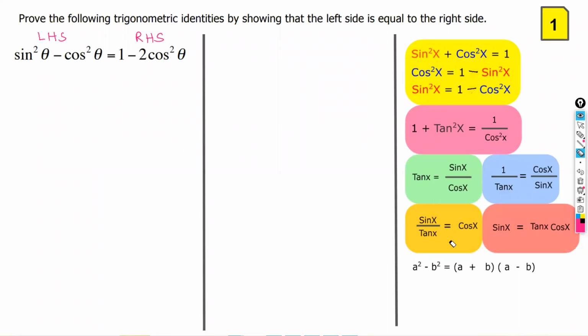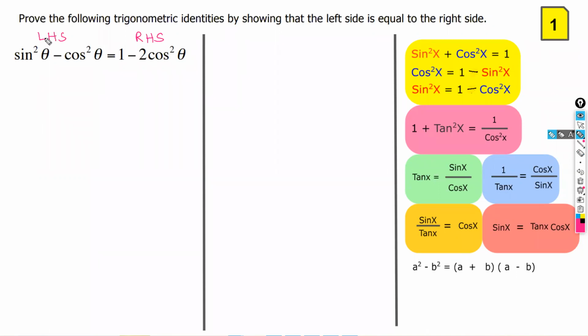What you need to do is make a firm decision which side you are choosing first. Normally in CSEC, 99% of the time, you will choose the left-hand side. But the rule of thumb is that you have to choose the more complicated looking side.